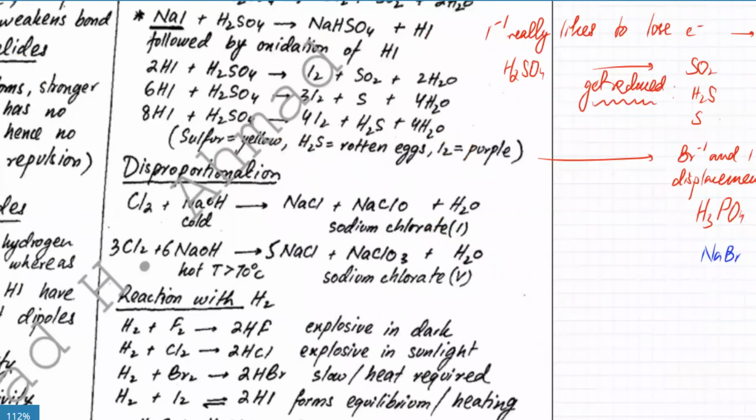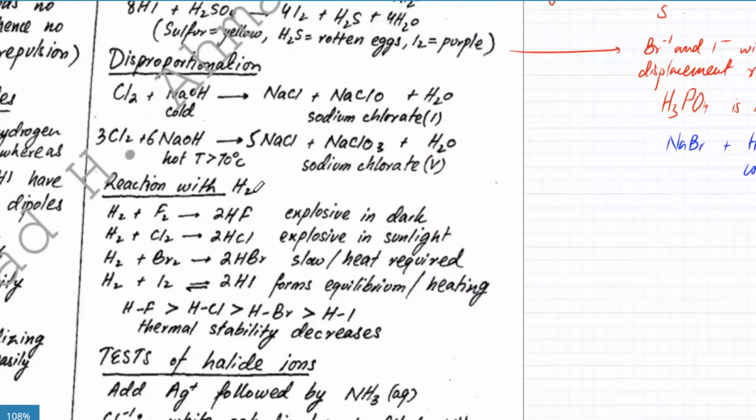Then there are some disproportionation reactions, which you have to remember: Cl2 with cold NaOH would produce NaCl and NaClO, which is sodium chlorate(I), plus H2O. So this is a disproportionation because Cl is getting reduced as well as oxidized at the same time.